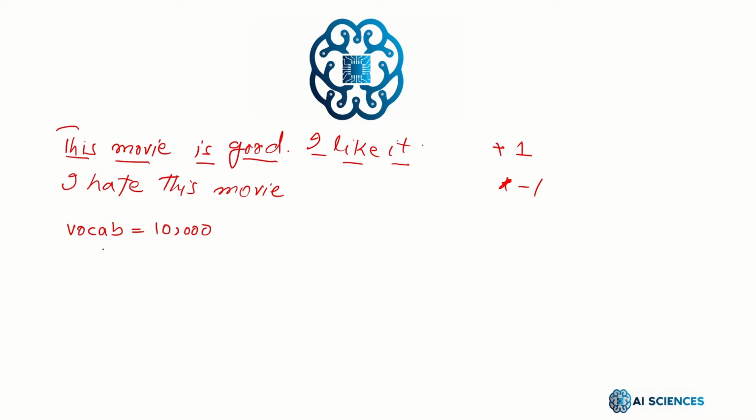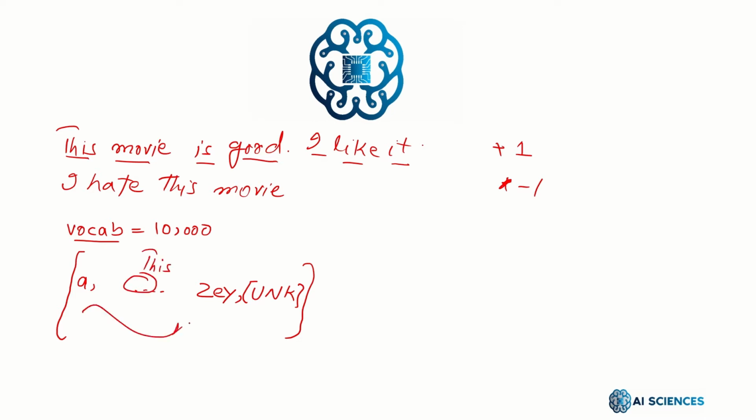In this vocabulary, sometimes called the dictionary, we have an ordering of different words. For example, "a" appears first, and maybe the last word is "zey", or then maybe some unknown word. Let's say the word "this" appears at index 342.